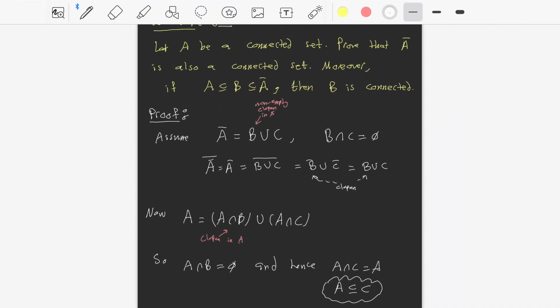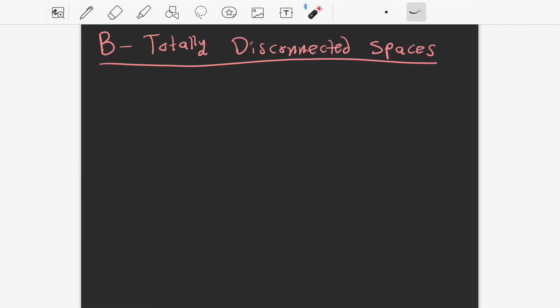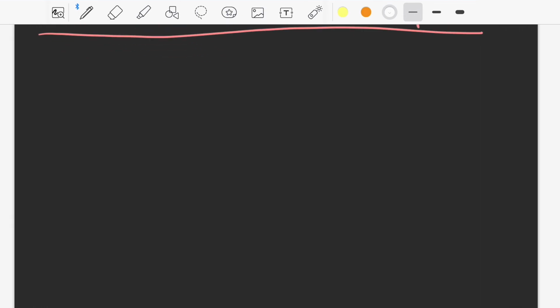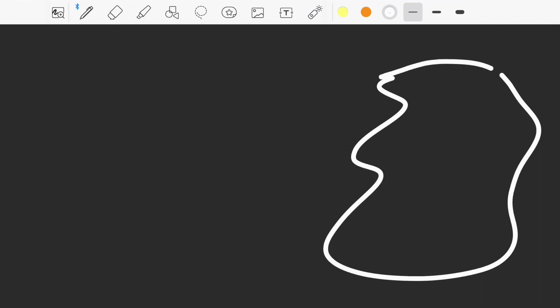And now, next, we will move to totally disconnected. Okay, now we move to part B of the lesson today, and we will talk about totally disconnected spaces. And I think from the name, we can at least have an idea of what type of spaces we are talking about. Geometrically, if the space X is totally disconnected, it means the points are the only ones that are connected, because we are saying it's totally disconnected.